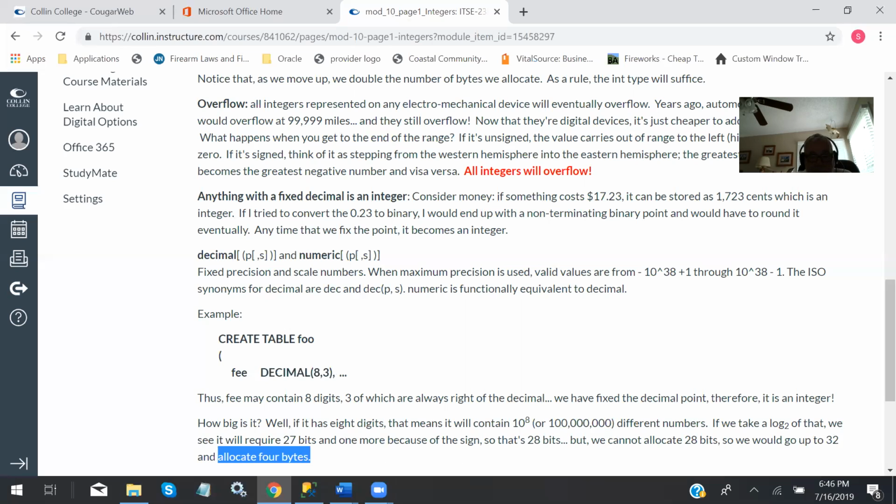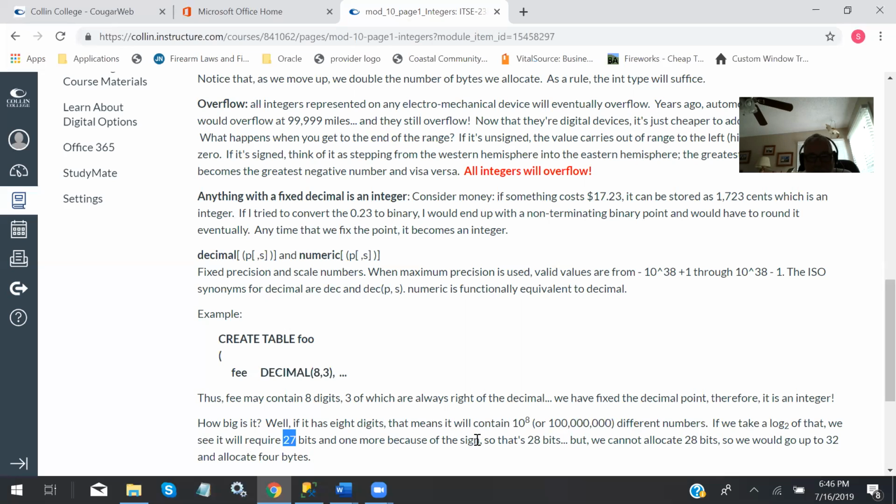And the way we got that is I ask, well, how big does it have to get? How many different numbers do I have to have? Well, if it's 8 decimal digits, it's that. I take a log base 2, put it into my calculator, and I see that it's bigger than 26, less than 27. So I round up and I say it's 27 bits.